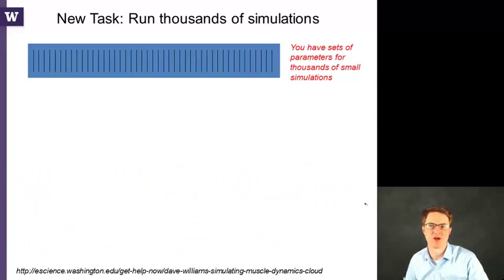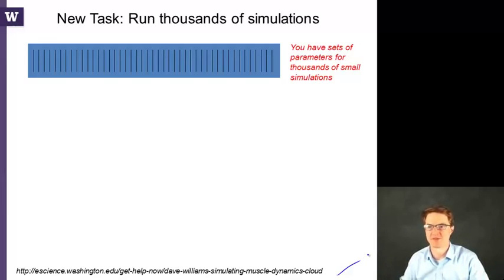Now we want to run thousands of little simulations. And what we have are the parameters to each one of those thousands of simulations. An example of this, at the URL at the bottom of the slide, is from simulating muscle dynamics. And this comes up a lot. You have these Monte Carlo simulations that understand a phenomenon stochastically by running lots and lots of simulations with different inputs and then averaging the results, as opposed to modeling everything precisely.